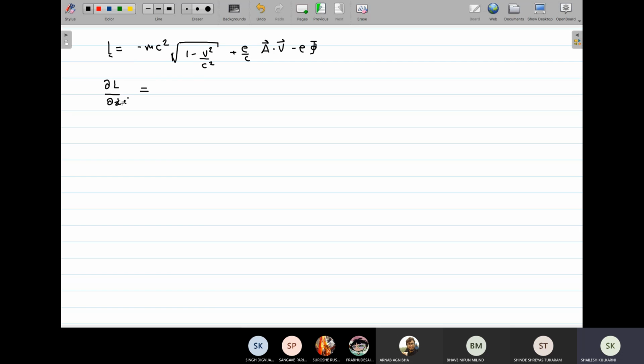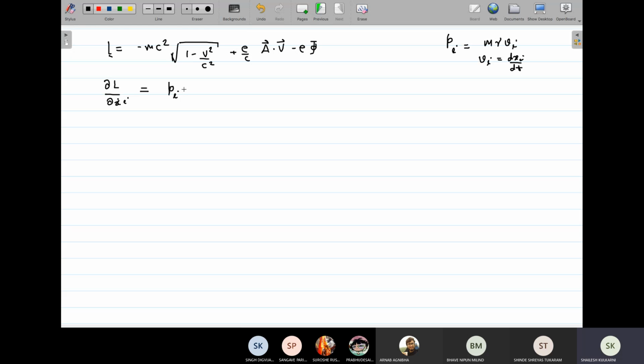When I take the derivative of the first term, what I get is the usual p_i, your momenta, where p^i = mγv^i, and v^i are the three velocities. So this is my first term.